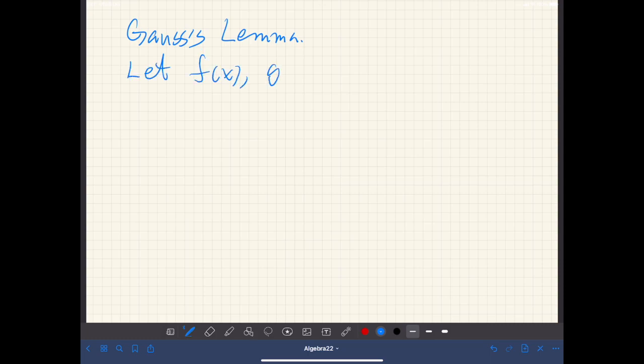The next lemma is called Gauss's lemma. It says: let f of x and g of x be polynomials with integer coefficients, and they are primitive polynomials.